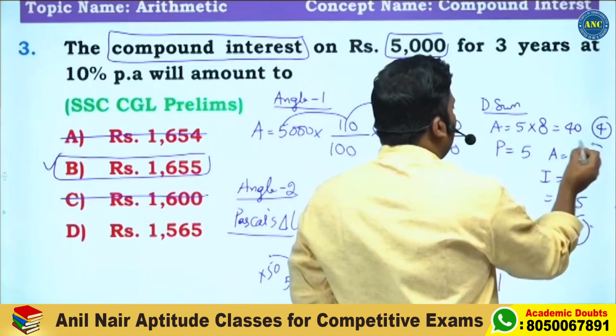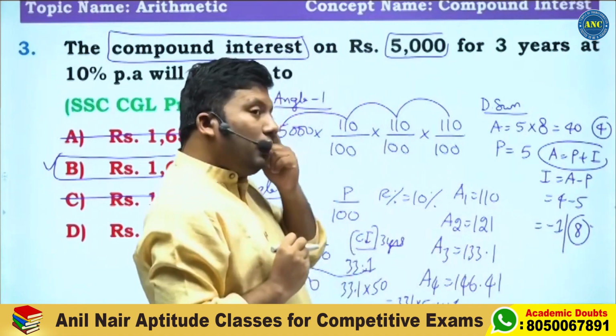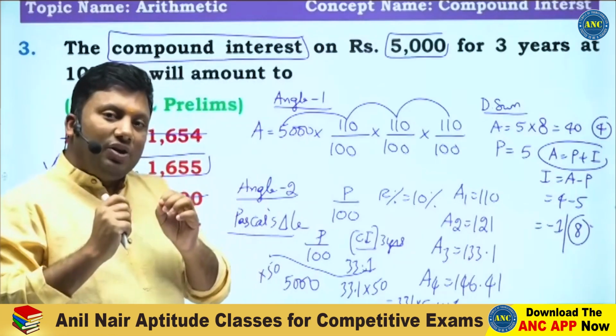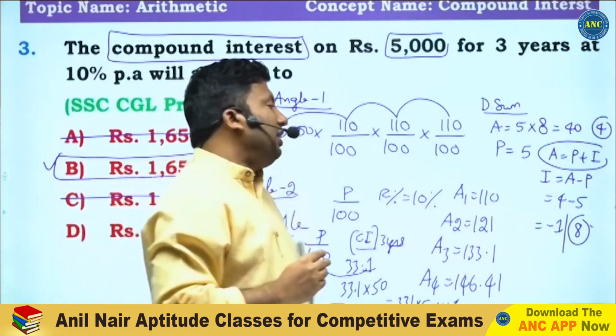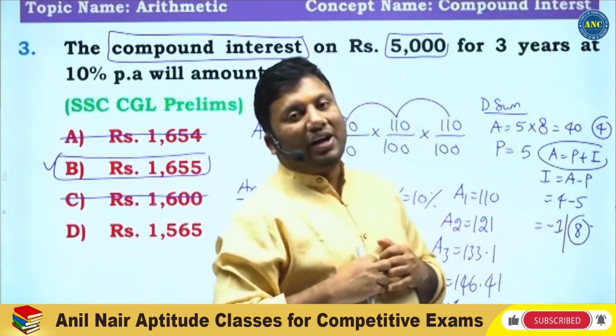Amount is principal plus interest. Interest is amount minus principal. 4 minus 5 is minus 1, so we get a negative remainder. Whenever you get a negative remainder, add 9 to it to convert the digital sum into a positive value. Minus 1 plus 9. Sir, why are we adding 9?